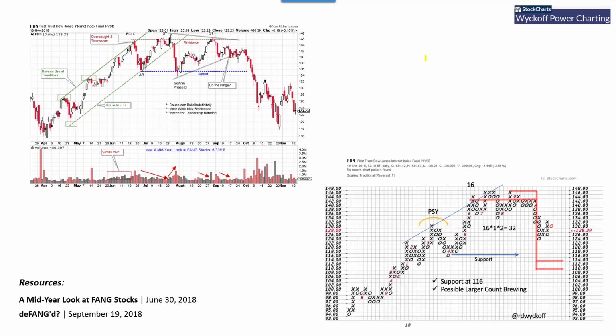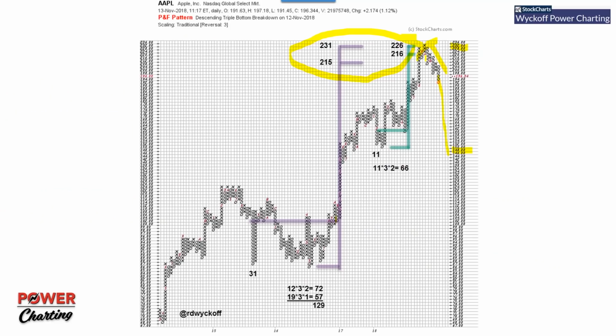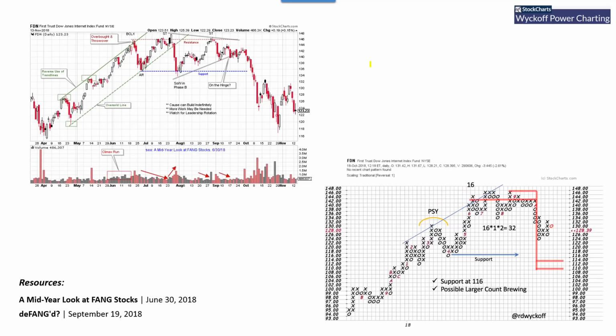And so we have one other case study that we can spend a few minutes on here, and this is FDN. FDN is our proxy for the FANG index. So the FANG stocks represent about 35% of FDN, a little more maybe.